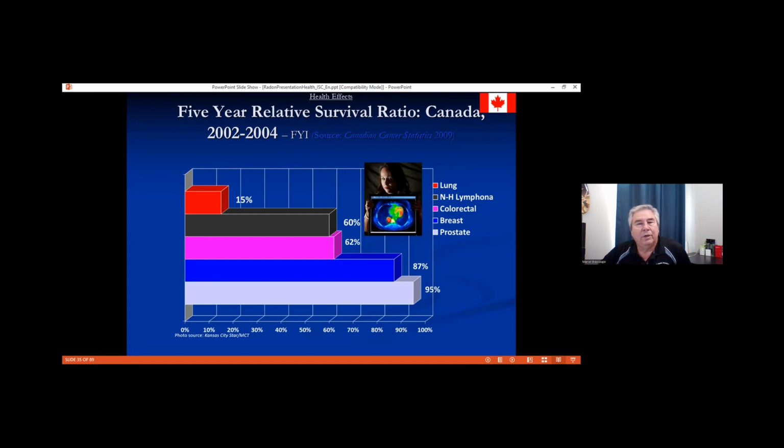In the case of lung cancer, the top red bar, once lung cancer is diagnosed, you have about a 15% chance of living past 5 years. So your 5-year survival ratio is very small. If there's one cancer you don't want to get, it's lung cancer. Your survival rate is very, very small. So that's something to take into consideration.